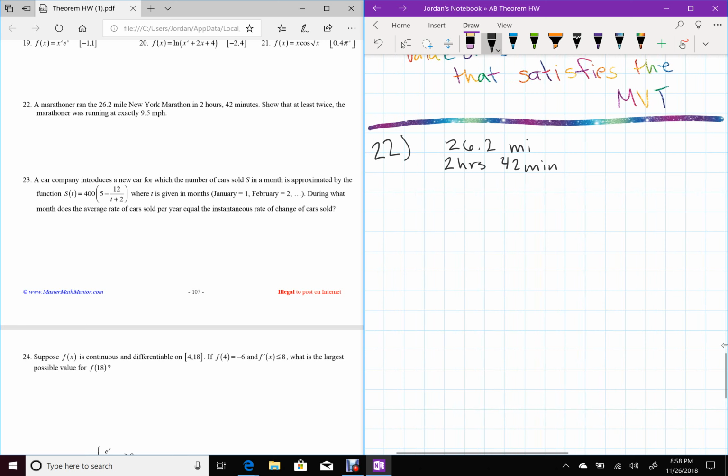We want to show that at least twice the marathoner was running at exactly 9.5 miles per hour. We're going to show that she's been going at least one time 9.5 miles per hour. Okay? And we can do this using the mean value theorem.